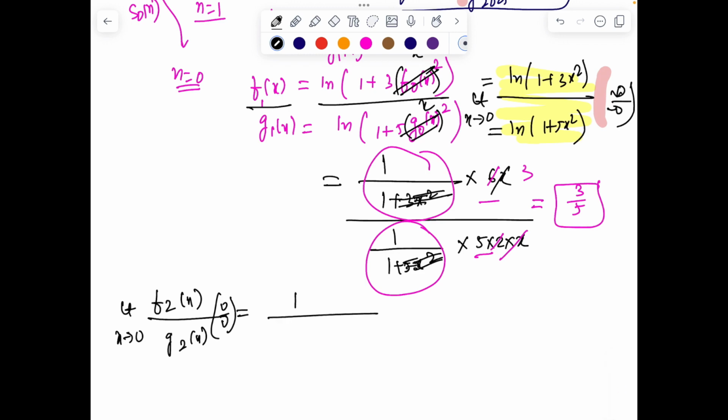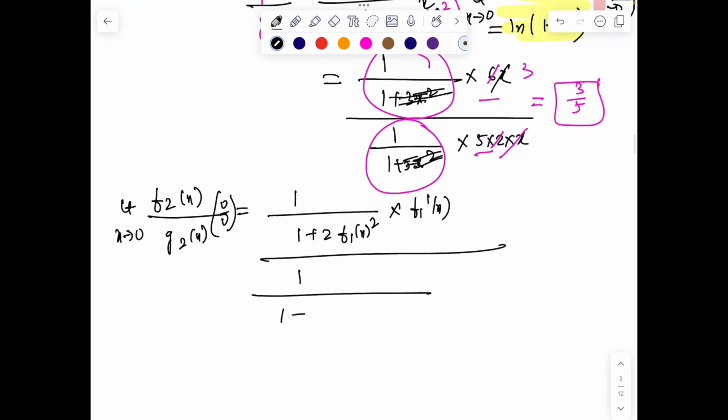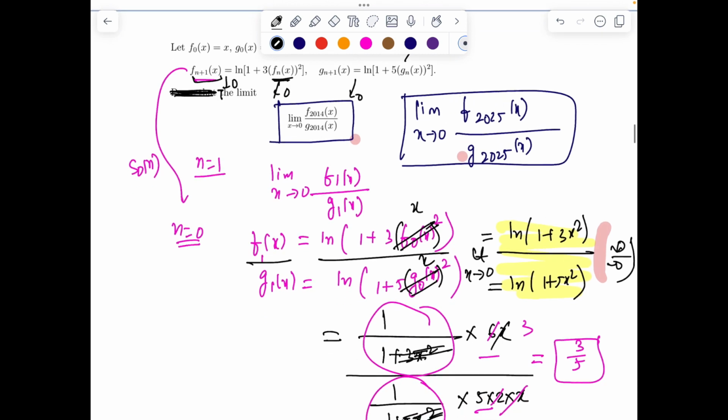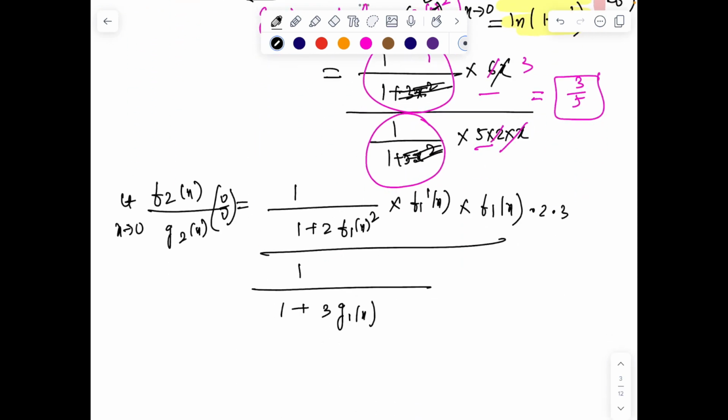So from here what I'll get is 1 by 1 plus 2 times f1x whole square into f1 dash x divided by 1 plus 1 by 3 times g1x, and into of course f1x comes, 2 into 3, right? And this comes 1 by 1 plus 3 times g1x whole square times 2 into 5 into g1x, I'm just differentiating, into g1 dash x.